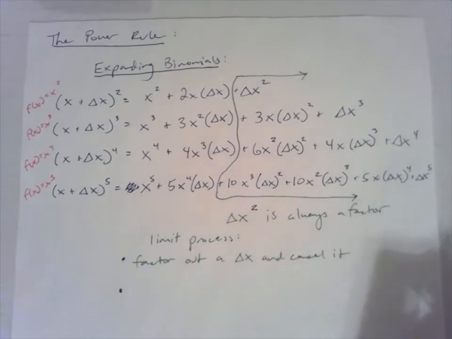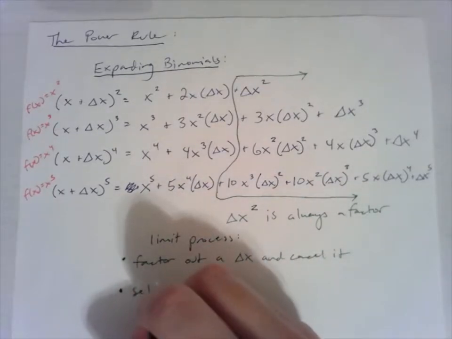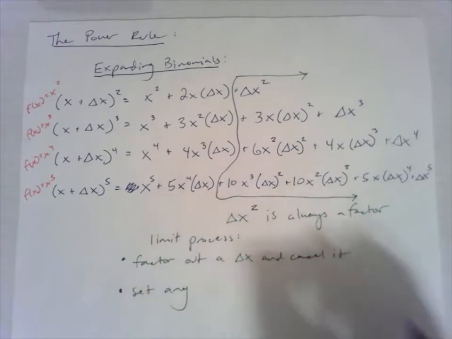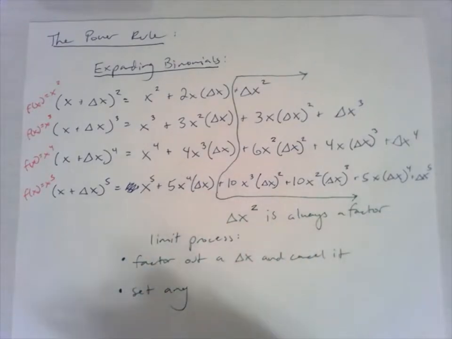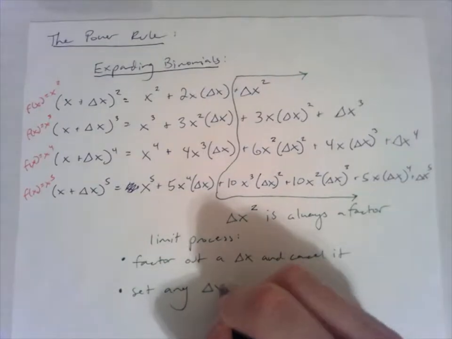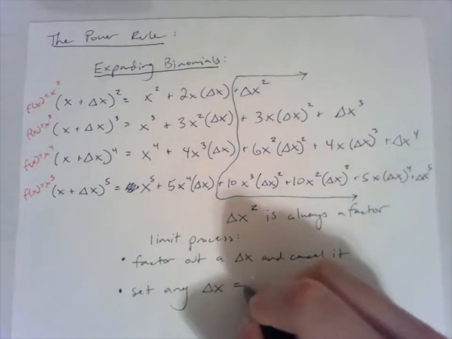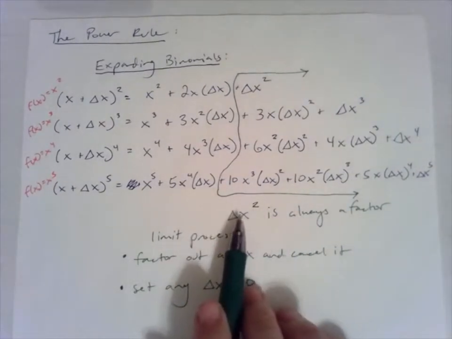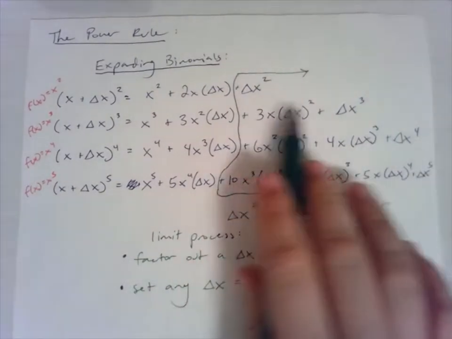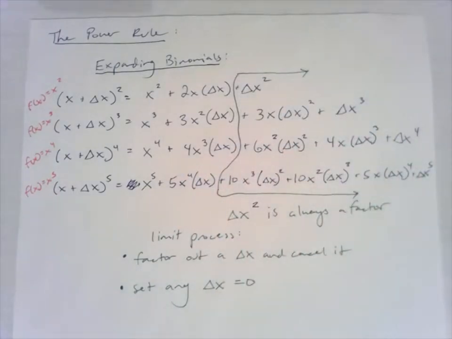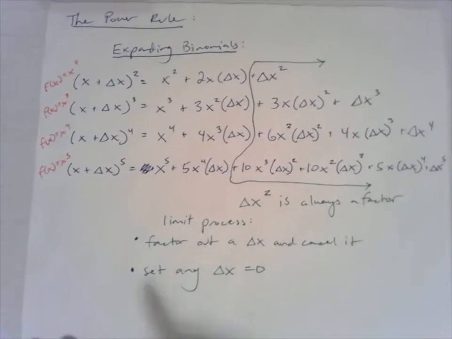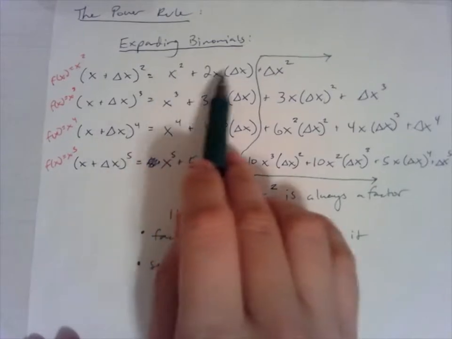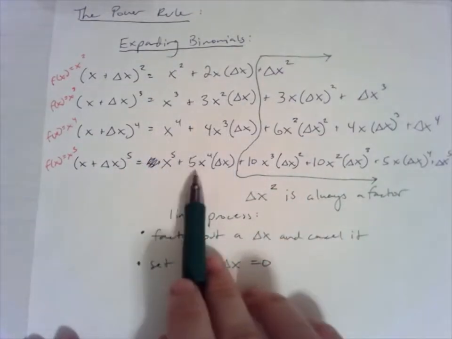And then at the very end, we find the limit as our change of x approaches 0. So the very last thing we always do is set any change of x's left over equal to 0. Essentially, every change of x squared past this point just becomes 0. And so when we're finding the derivative, we can just pay attention to these first pieces.